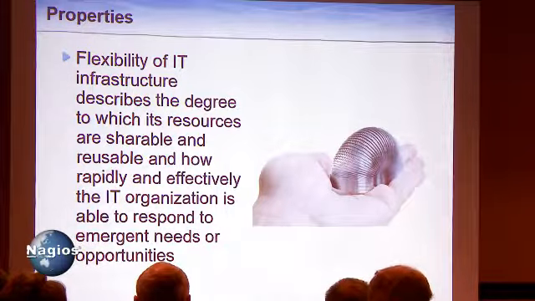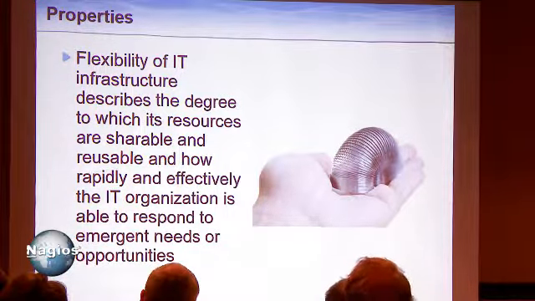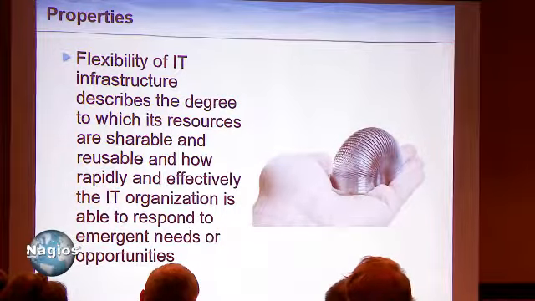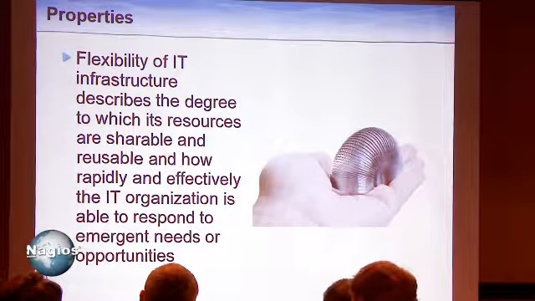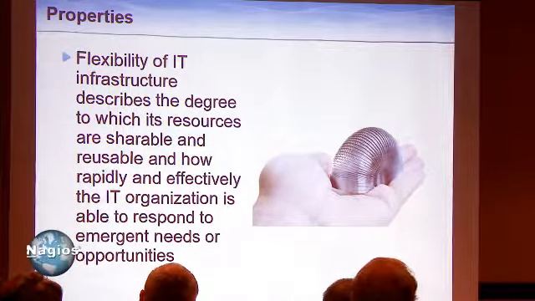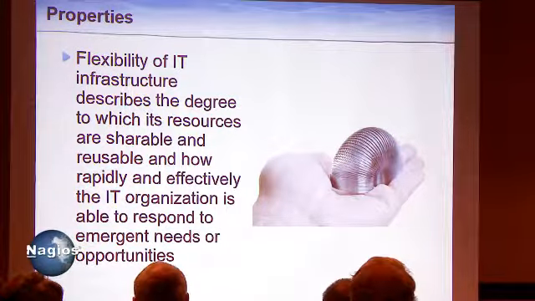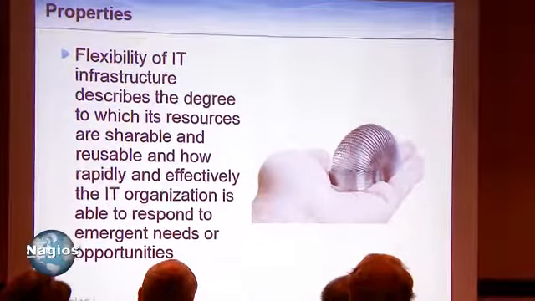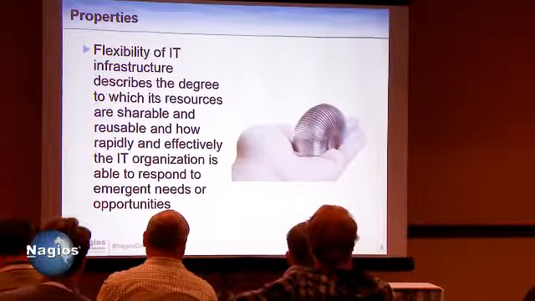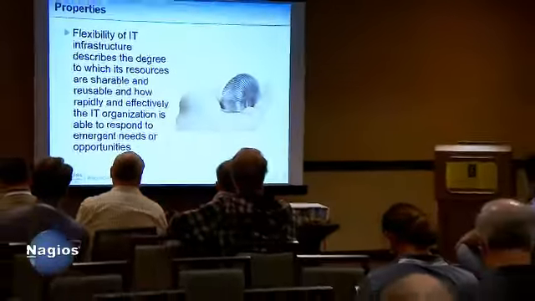We can see a lot of opportunities and needs in implementing Nagios, because Nagios is a system where we can work together and expand in the whole organization. I feel so nervous. Sorry. And we have a lot of properties for this.